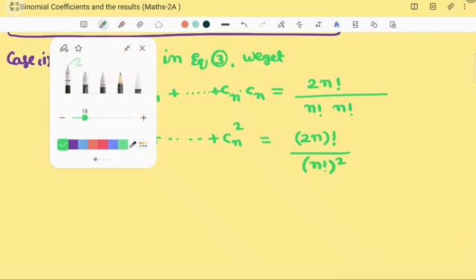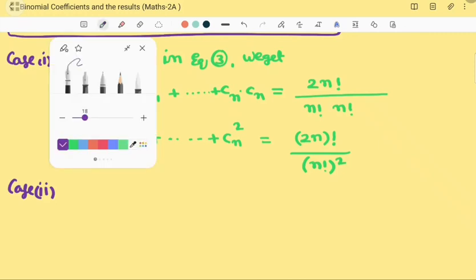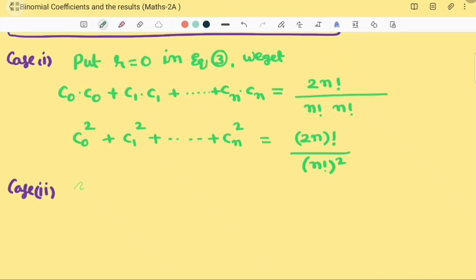Similarly, the second result, case 2. To get case 2, substitute r equal to 1, that's all. Put r equal to 1 in equation 3.